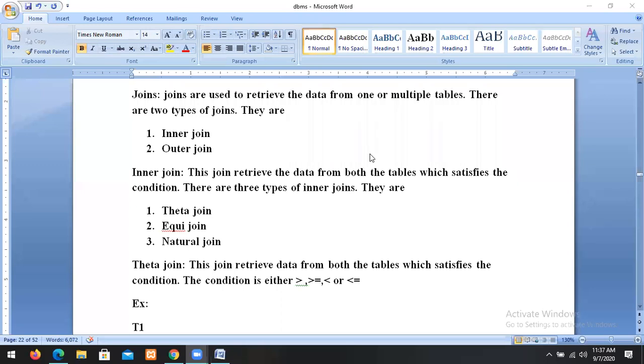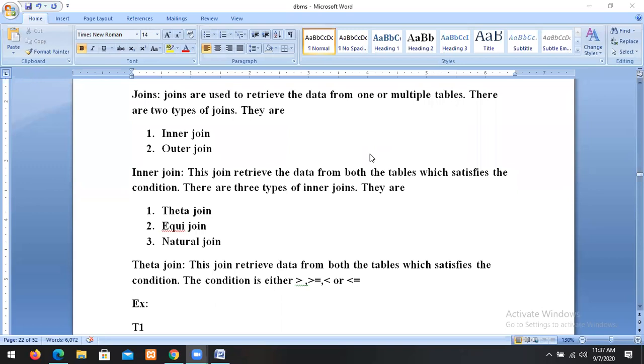What is theta join? When the condition contains the relational operators greater than, greater than or equal, less than, or less than or equal, such a join is called a theta join.